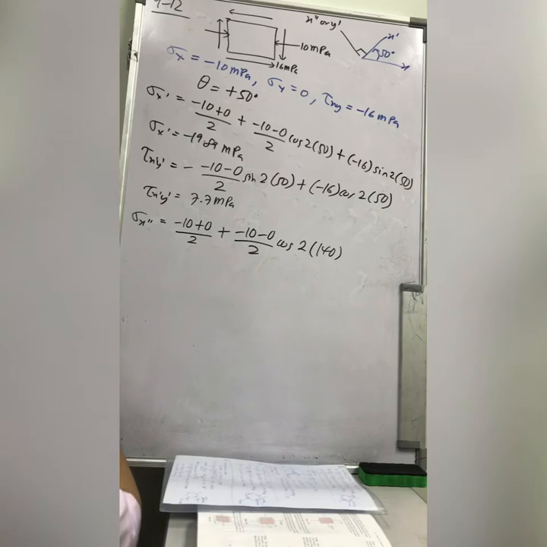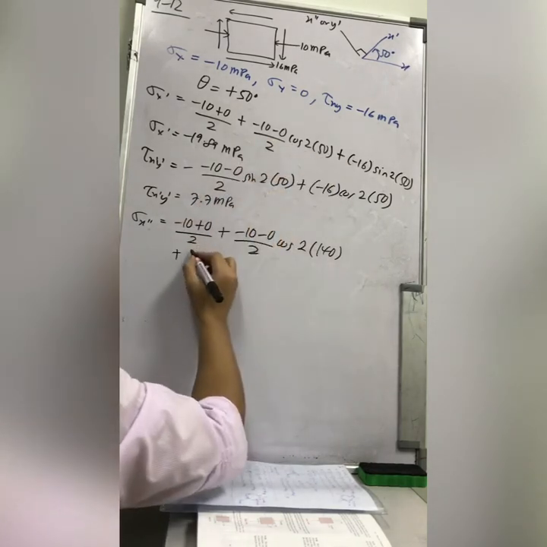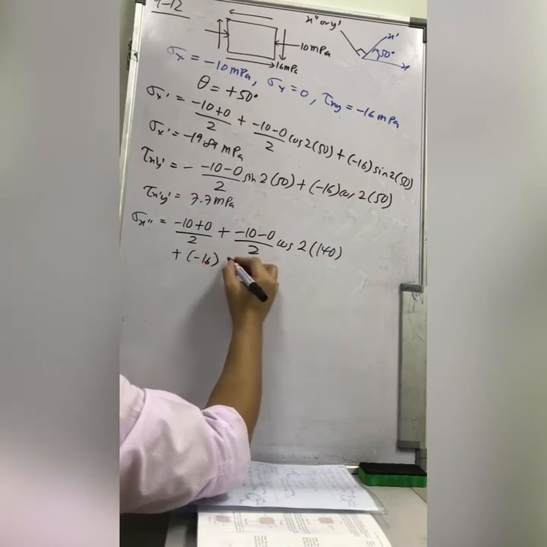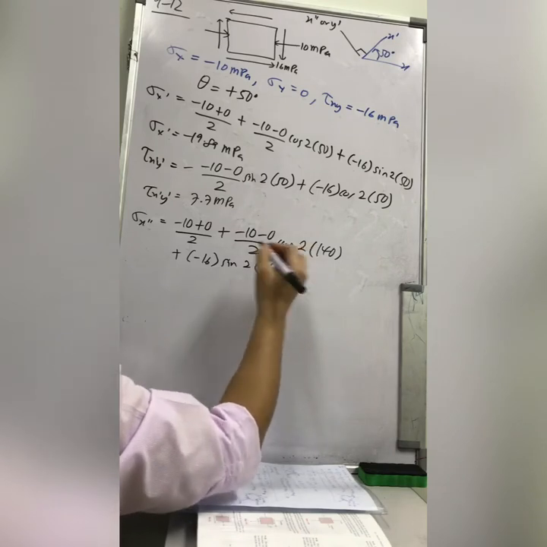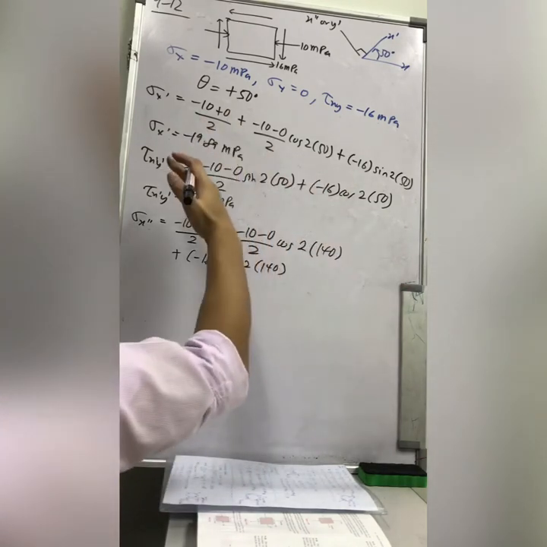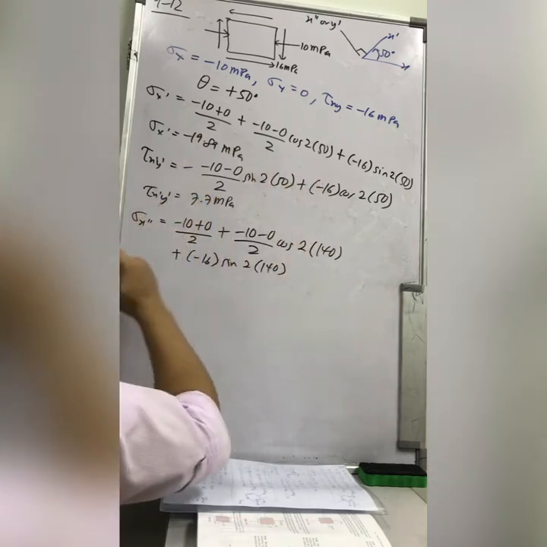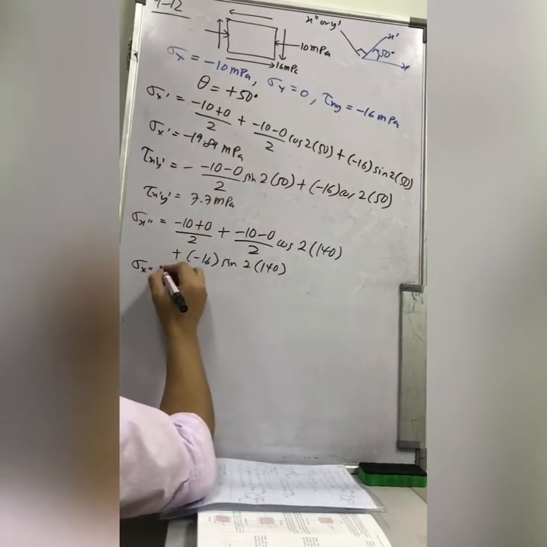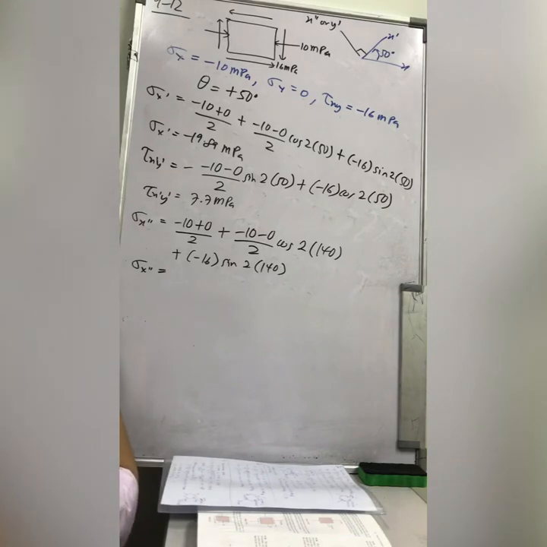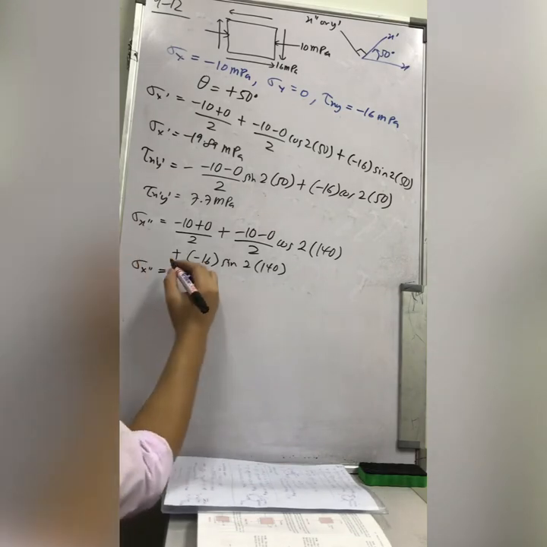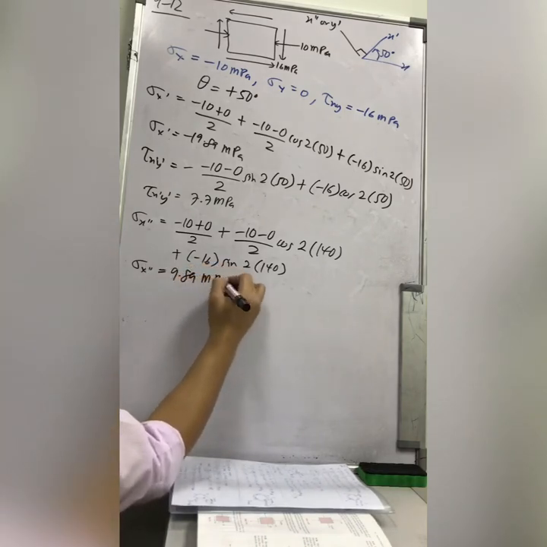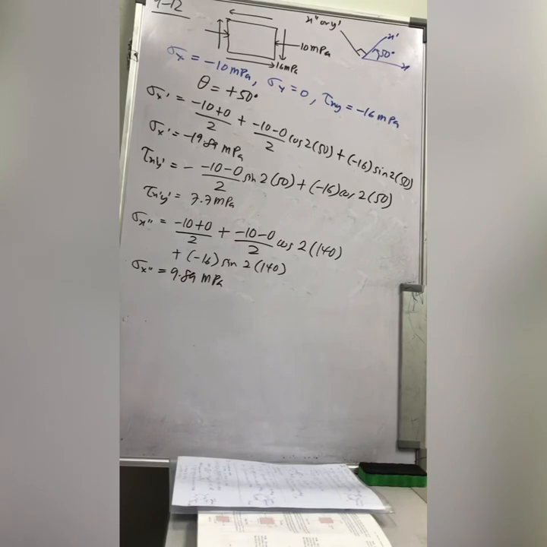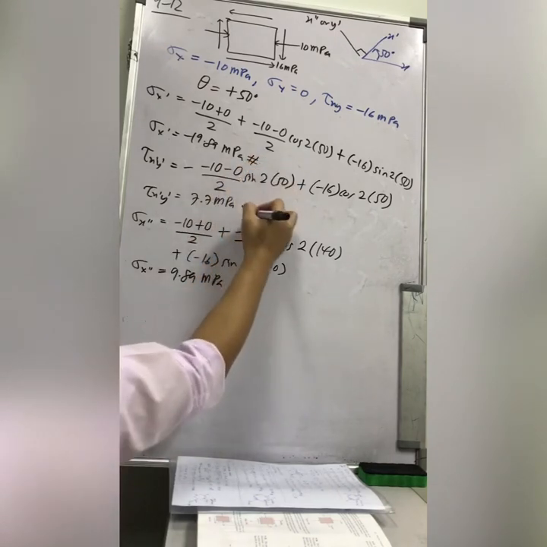Plus tau xy, which is minus 16, sine 2 theta. Again, theta is 140 from x to y prime, 50 plus 90. So your sigma x double prime, or sigma y prime, whatever, is 9.89 megapascal.